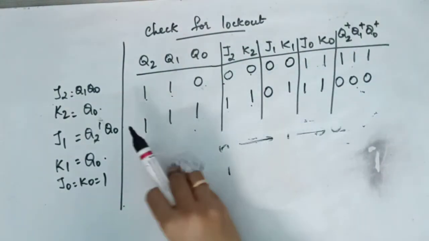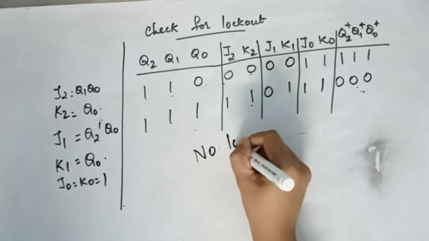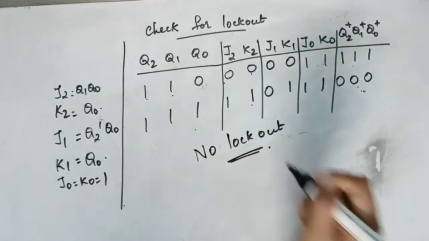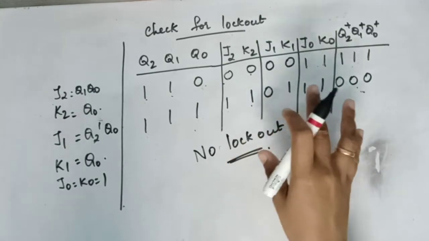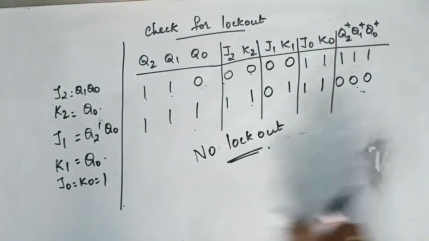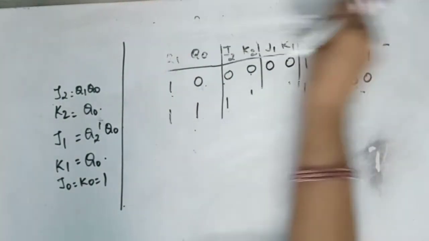So what do you conclude? There is no lockout. So when there is no lockout, you needn't design for lockout. You can use these equations itself. Just draw the circuit like you would in any normal synchronous design.